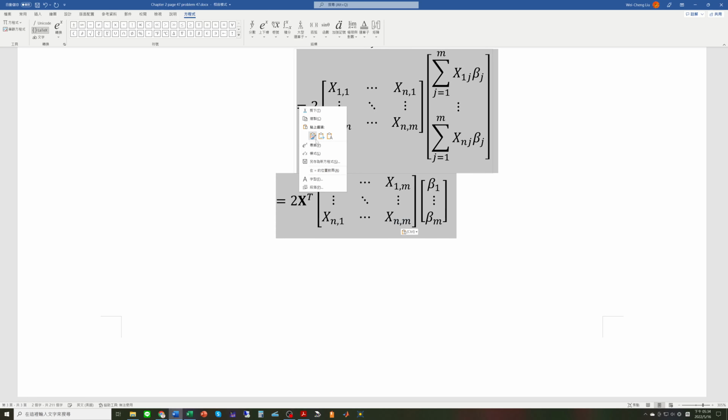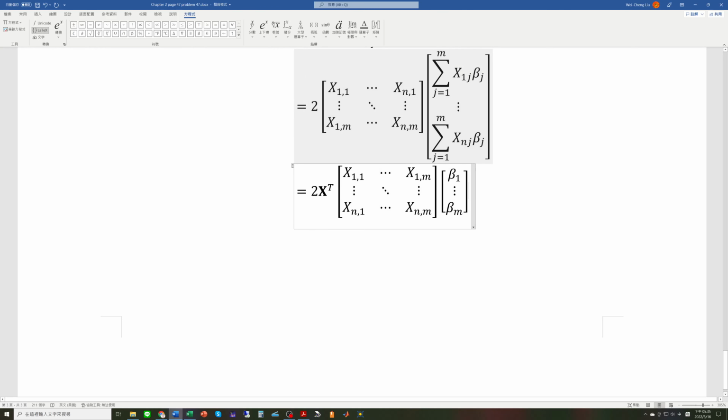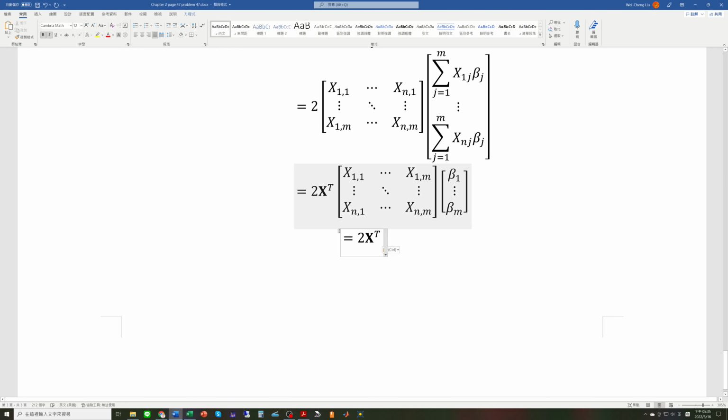Align at the equality sign. So we can know that it is equal to 2 times X transpose. And this matrix x_11, x_1m, x_n1, x_nm, you can see that this matrix is the transpose of this matrix, which is X transpose.